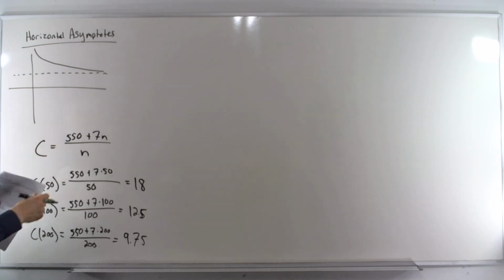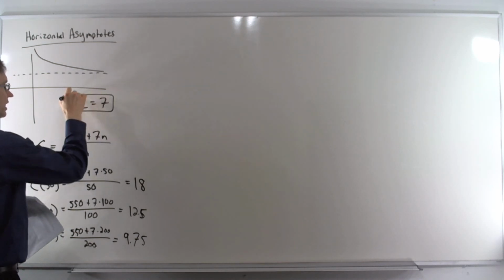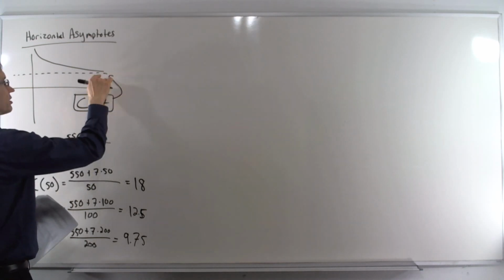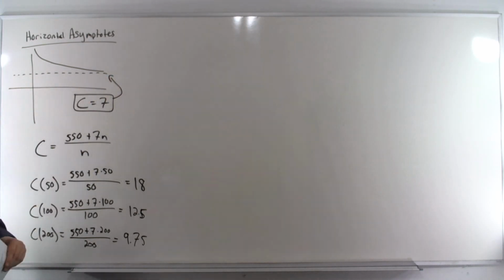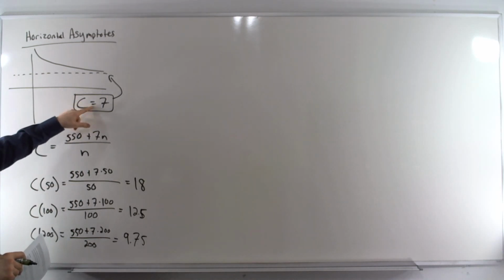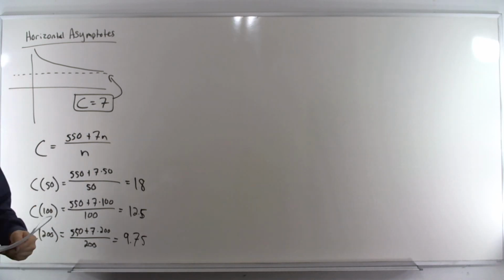So C is the dependent variable, and we set that equal to our number. So C equals 7 would be the equation for that horizontal line. That's what you want your equation to look like: your dependent variable equal to some number, and that will be a horizontal line. And there's your asymptote.